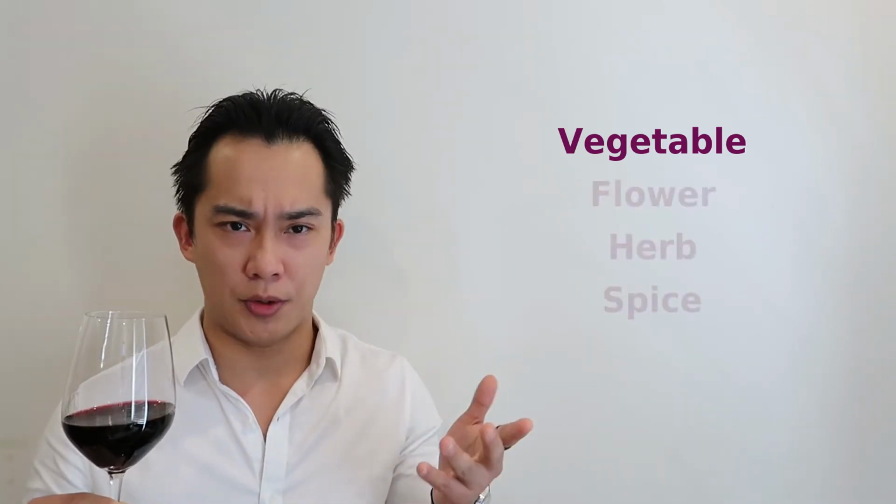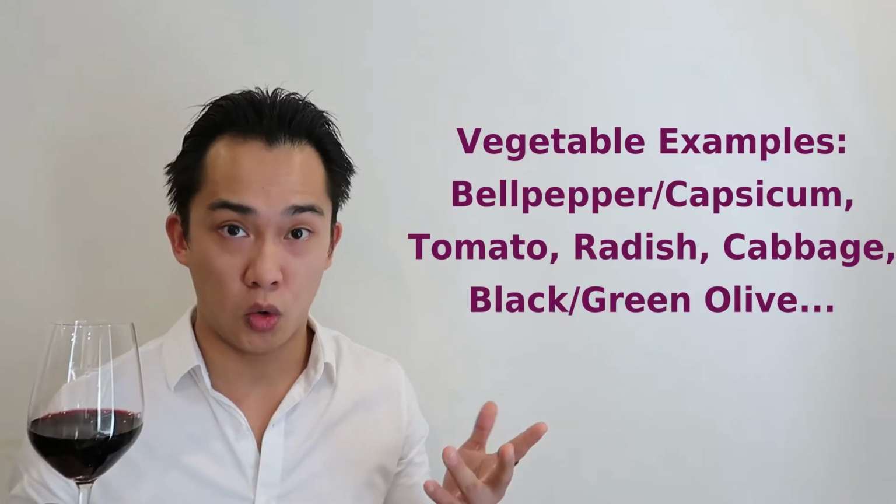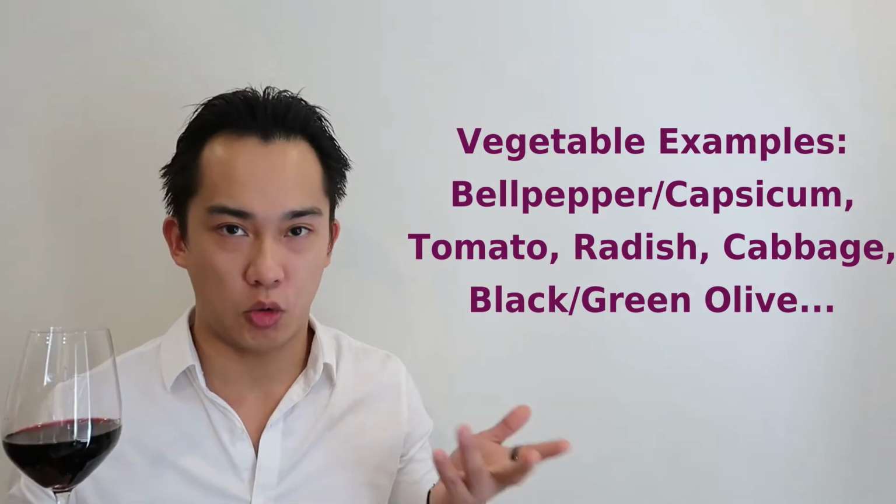Now let's talk about the vegetable component, which covers both white and red wines. And this might be technically incorrect, but I also like to put anything that's not a fruit there. So things like flowers, herbs, and spices. This just gives me a chance to cover everything at once. Again, just pay attention to the wine and be honest with what you are getting. In terms of vegetable aromas, in wines you often get bell pepper, capsicum, tomato, radish, cabbage, black and green olives.